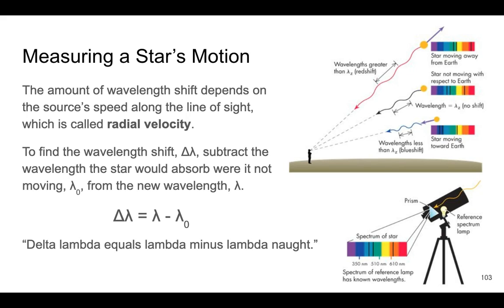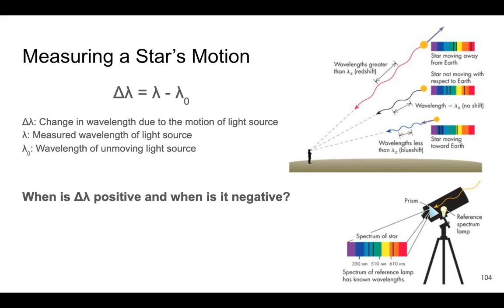So there is a formula for measuring the Doppler shift. We're not going to go too far into it. This is the non-relativistic formula for the Doppler shift. But basically, when is the Doppler shift positive and when is it negative? When it's positive, that would mean that the wavelength seems a little bit longer than you're expecting it to be, and when it's negative, it seems a little bit shorter.